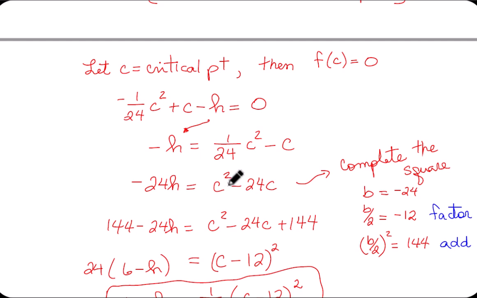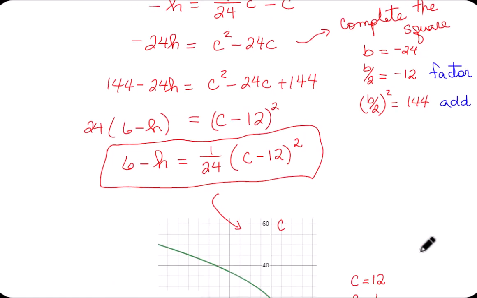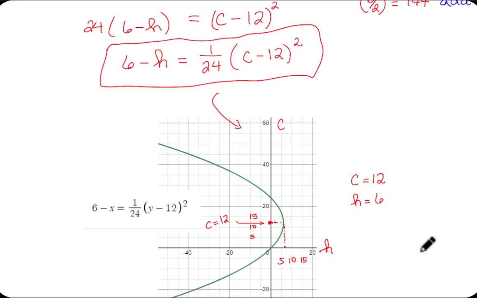I'm going to complete the square on the right-hand side here. b is minus 24. My factoring term is half of b. The part to add in is the b over 2 squared. So what I get is a relationship, a bifurcation picture, which depends upon c and h.